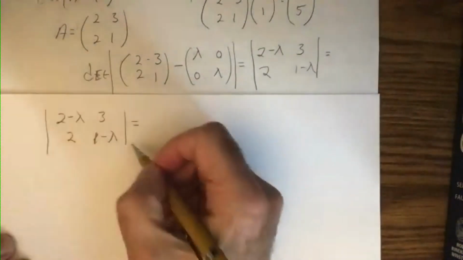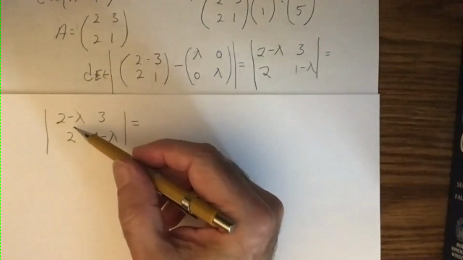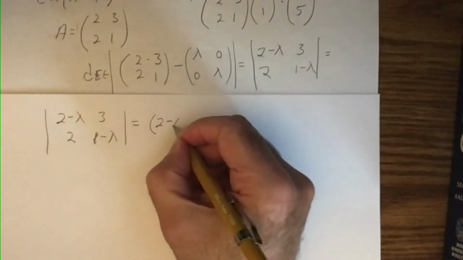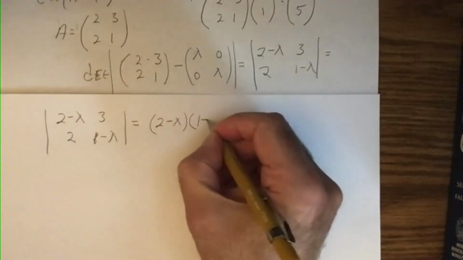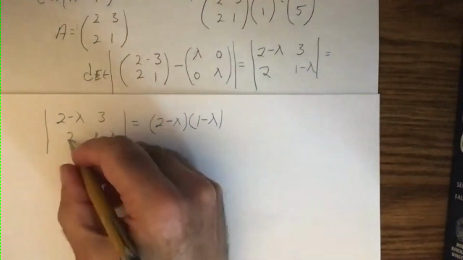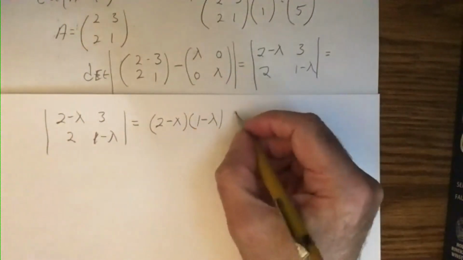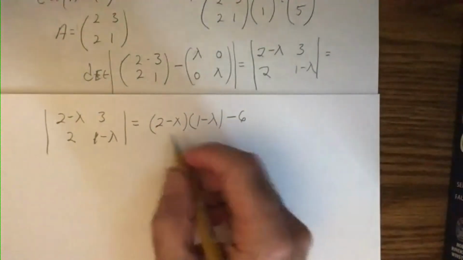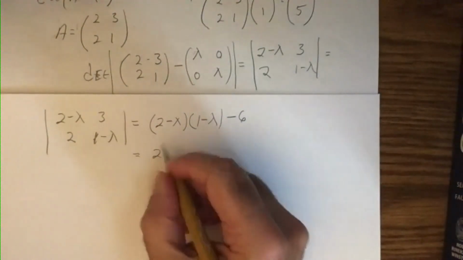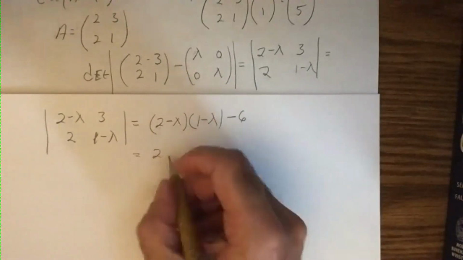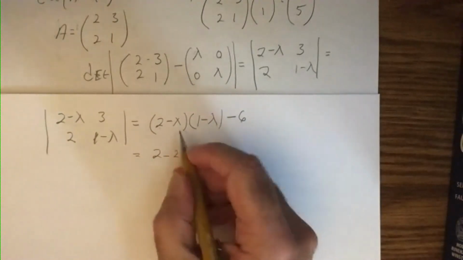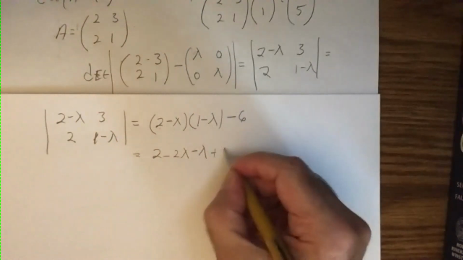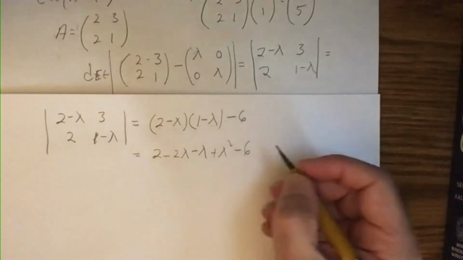So now I'm going to take the determinant. It's going to be this times this, so 2 minus lambda times 1 minus lambda, and then this times this is going to be minus 6. So what do I get here? 2 times 1 is 2, this times this is minus 2 lambda, this times this is minus lambda, this times this is plus lambda squared, minus 6.